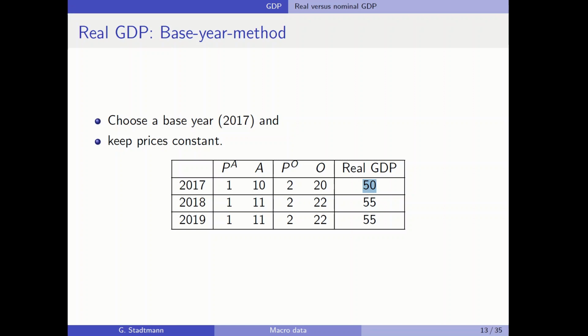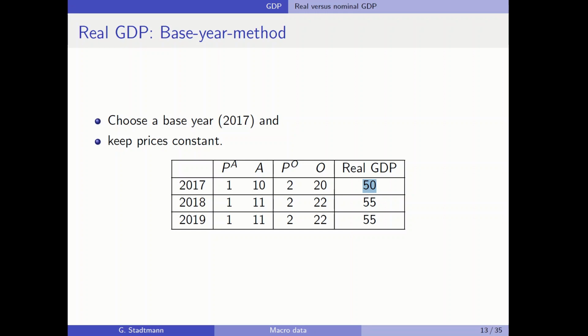But then from 2018 to 2019, real GDP is constant because the production of apples and oranges is constant, and hence also the mountain of goods and services produced, the real GDP, is constant. So when we talk about growth, the growth of the economy, then it's important to talk about the relative change in real GDP.